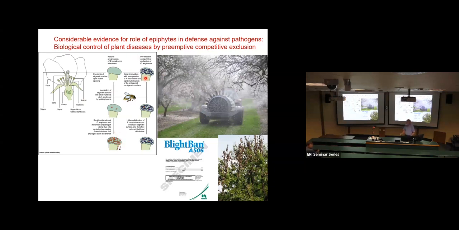But if various non-pathogens arrive in that habitat first, that largely prevents the growth of the pathogen, which you see as the little red dots, so those pathogen populations remain quite low and disease can be prevented. So just a simple example of how many of the microbes on plants are in fact protective, just like gut microbiomes are protective against human pathogens.